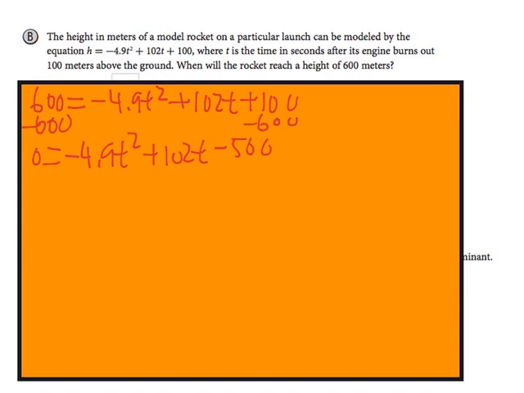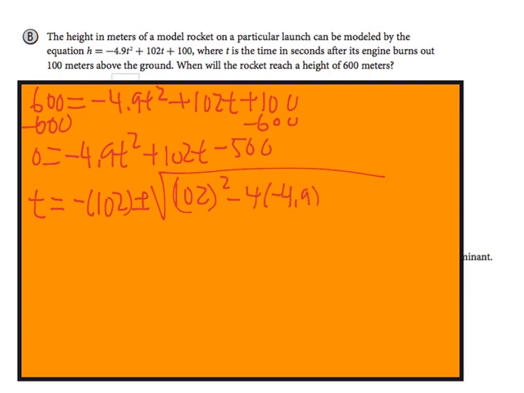So then from here we can solve all of this using our calculator. Negative 102 plus or minus square root of 102 squared minus 4 times negative 4.9 times negative 500, all divided by 2 times negative 4.9.